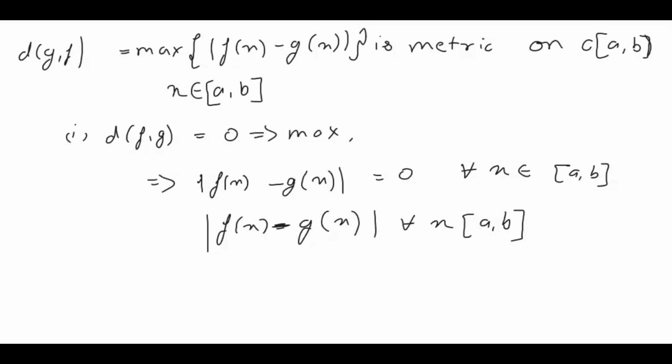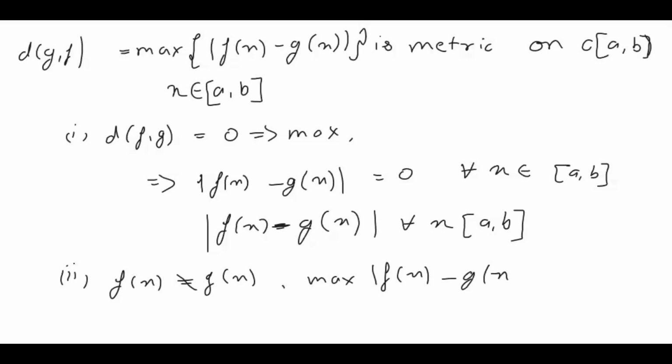Now the same part has subparts of the question. So the second part says that if f(x) is not equal to g(x), so in this case the max of |f(x) - g(x)| is greater than 0.